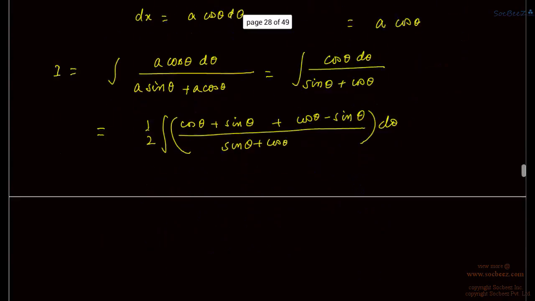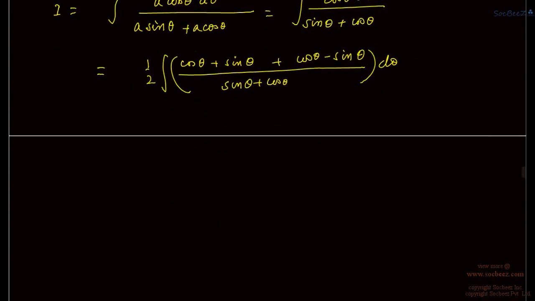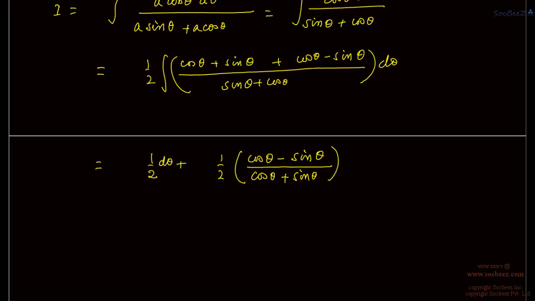Doing further evaluation, we will get half plus half of (cos theta minus sin theta) upon (cos theta plus sin theta), d theta.